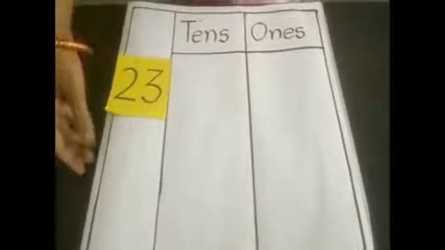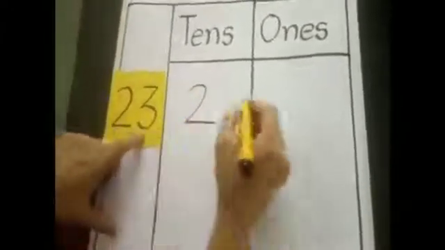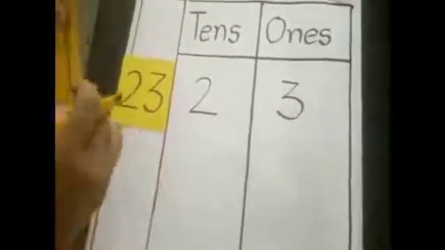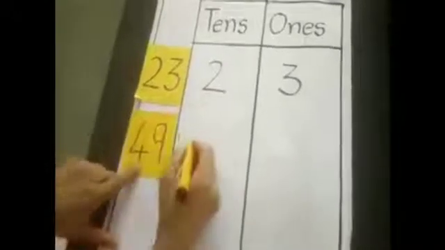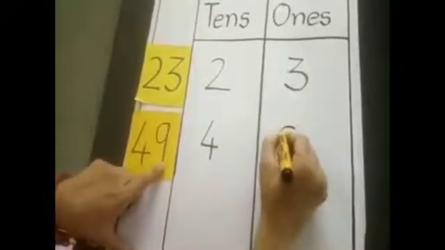Here is number 23. Digit 2 will be written in the tens place and digit 3 in the ones place. Now the next number is 49. Digit 4 will be written in the tens place and digit 9 in the ones place.